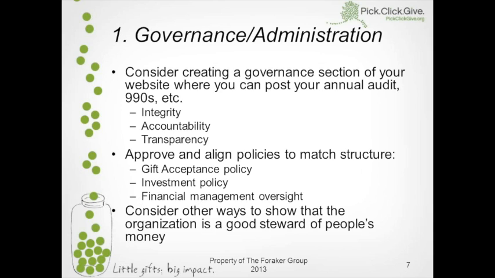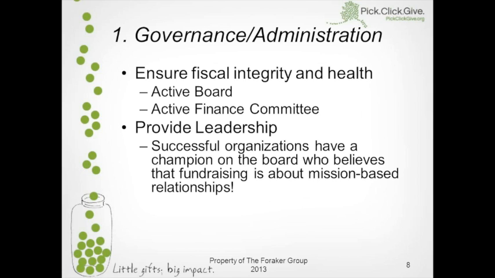Engage your board in how they can be good stewards of people's money, and help bring that conversation to the fore. Of course, they are also responsible for the financial integrity and health of the organization, so we're looking for an active board overall, really great at attendance and engagement, who would rate themselves as highly engaged board members, and, of course, the other critical piece is an active finance committee.